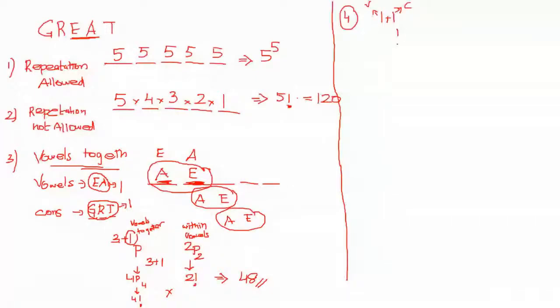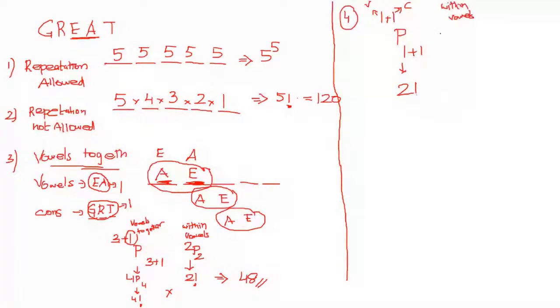Since we are going for the number of possible arrangements, we'll be using permutation. And the number of places is 1 plus 1, so it is 2P2. We'll get a value of 2 factorial, which is nothing but 2 itself. And within vowels, they can be rearranged.